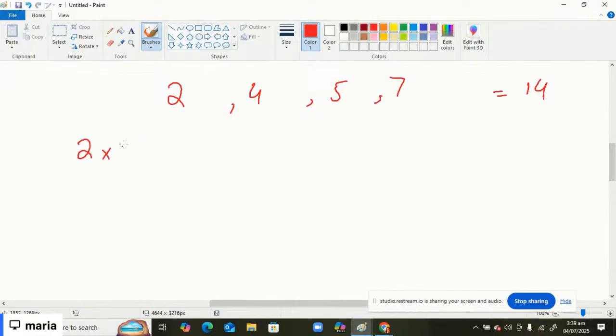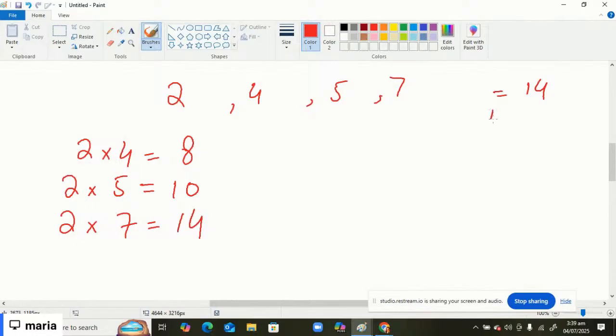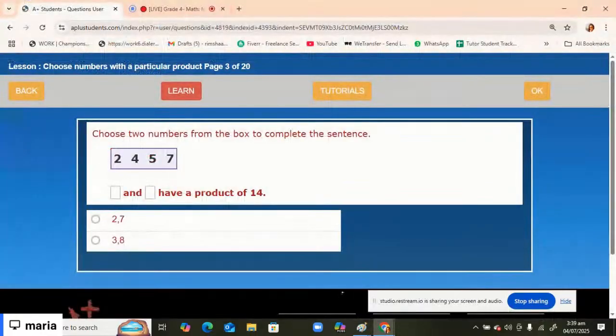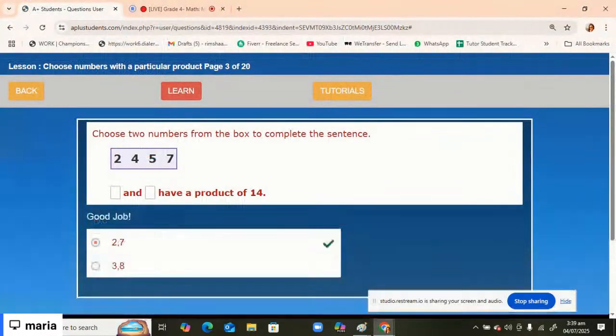So first 2 times 4, 2 times 5, 2 times 7. 2 times 4 is 8. 2 times 5 is 10. Now 2 times 7 is 14. So here the answer is 14. Okay. 2 and 7, then you get the answer 14.